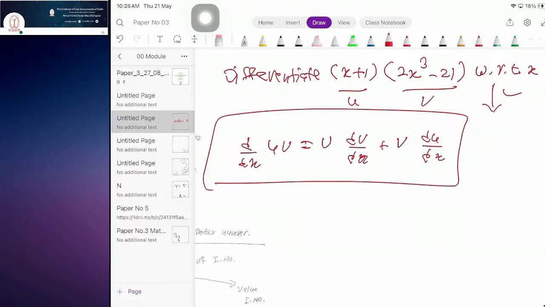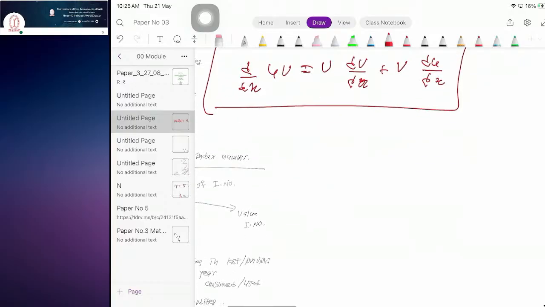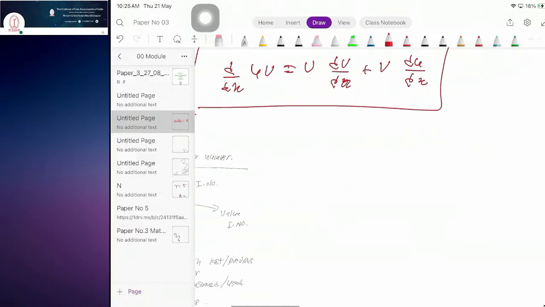Okay, so we require u, that is x plus 1, and its differentiation du/dx, v is 2x cube minus 21, and its differentiation. So let's find all the values one by one.